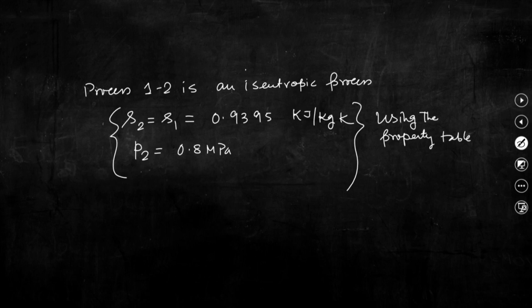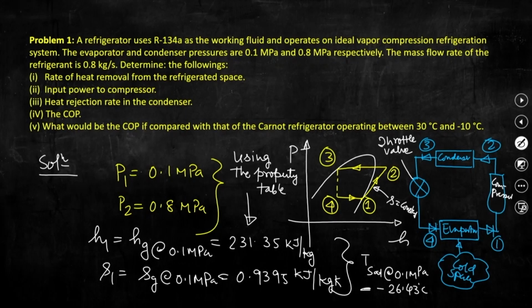now the question is, we will certainly use the property table, but at least we should know where this point should be. We can understand from this pH diagram that point 2 is outside this dome, so that is in the superheated regime, but let us verify it.